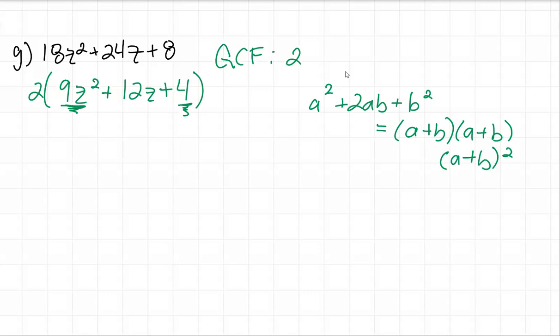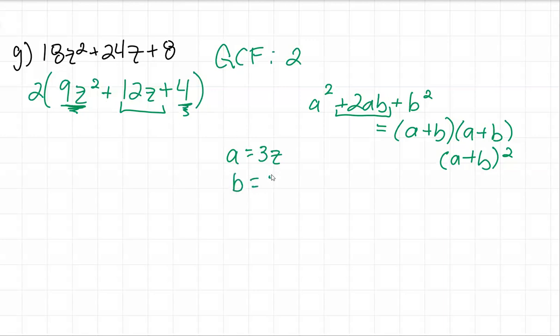So now you have to be careful though, because you have to make sure it lines up exactly. So the next step we have to do is make sure that 2ab is 12z. And to do that, we need to first find a and b. So a, what is a going to be? That's going to be 3z, because 3z times 3z is 9z squared.